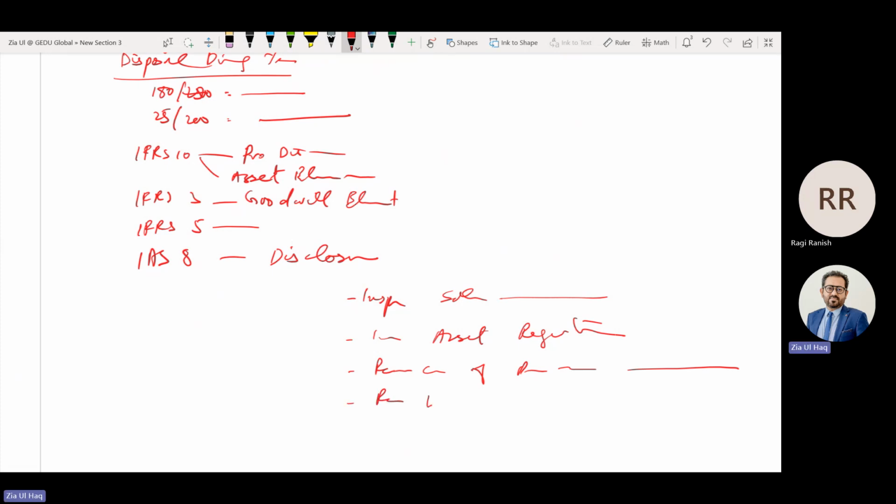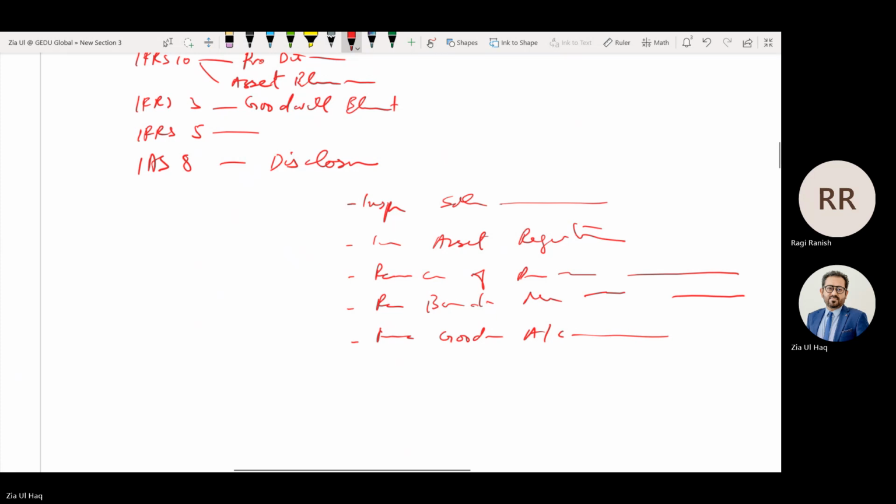Review board minutes to verify authorization for sale. Verify authorization for sale. What else? Inspect goodwill account to verify elimination of goodwill relating to disposal group. Review financial statements to verify completeness of disclosures of a discontinued operation as per IFRS 5.